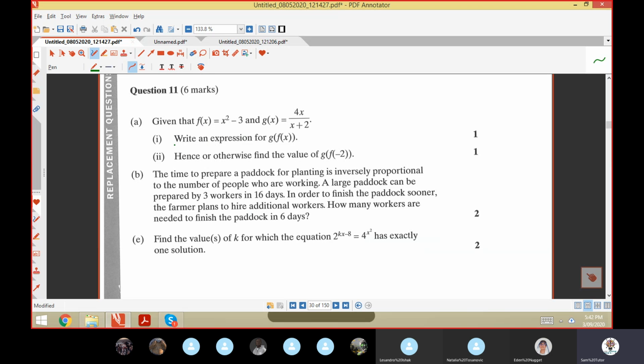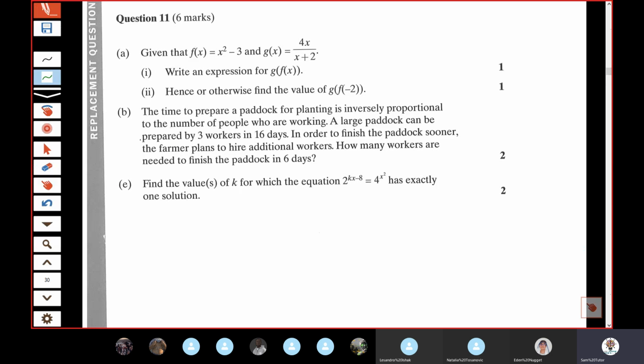Yep, A. Let me have a quick read of B. All right, A, B, and E. All three are fair game. So I think you guys would probably get A out, hopefully E. Some of you might just get scared of the words in B. Otherwise, if you remember what we did last week, inversely proportional. Second time out.